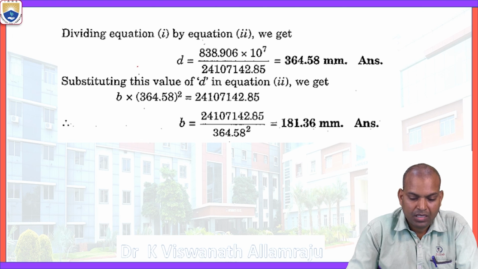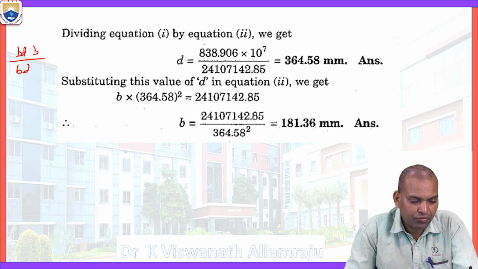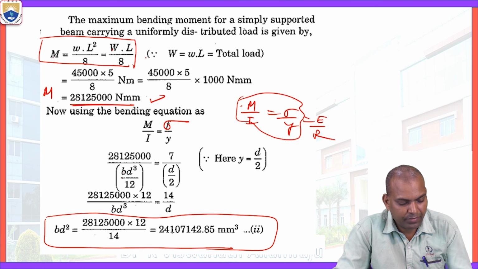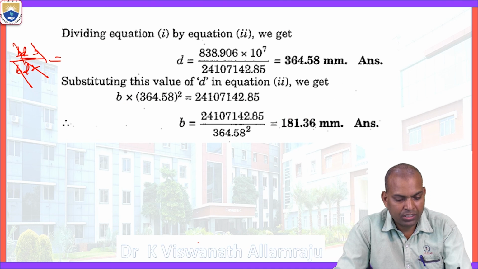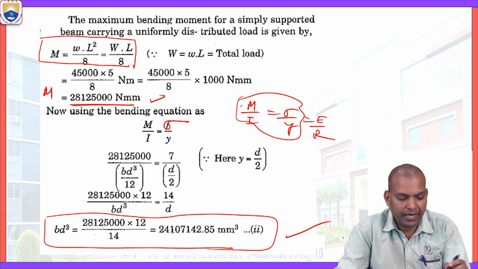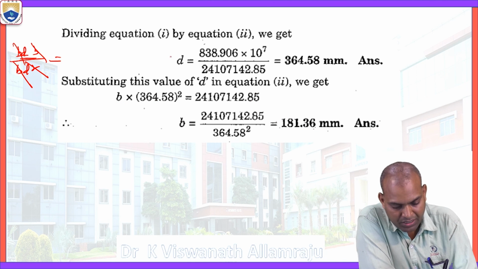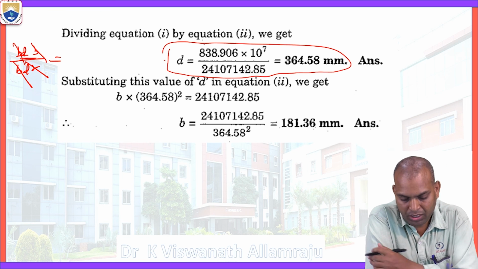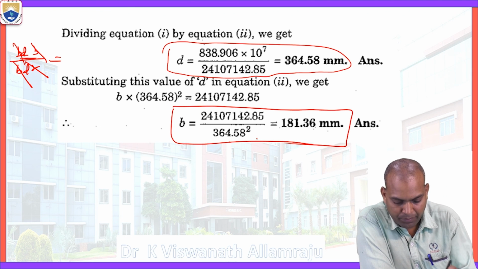Now, dividing equation 1 by equation 2, that is BD cube by BD square, what will happen? B gets cancelled, and the depth value comes. Substitute this depth value in either equation 1 or equation 2, then we get the width of the beam.